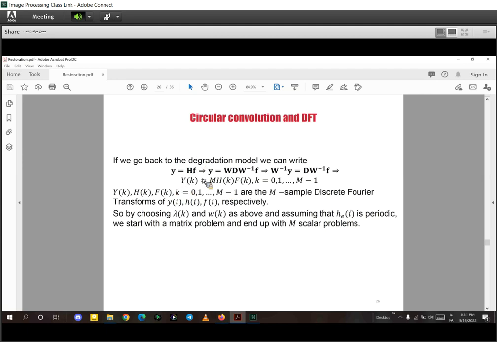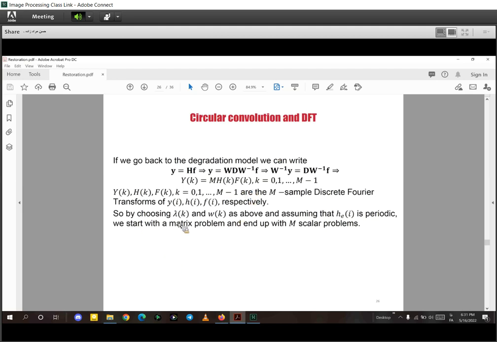In the spatial domain we have circular convolution, and in the frequency domain we have DFT. In circular convolution you should compute a sum, but in DFT you only compute the product H times F.